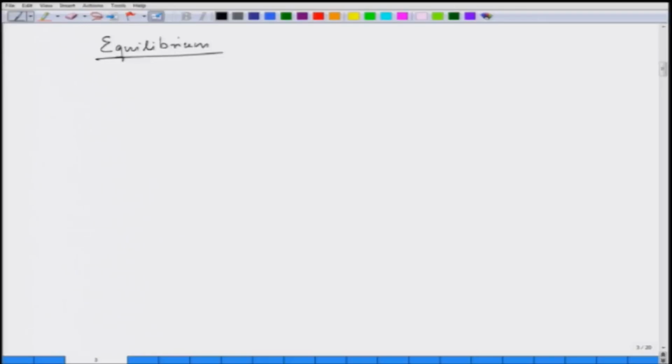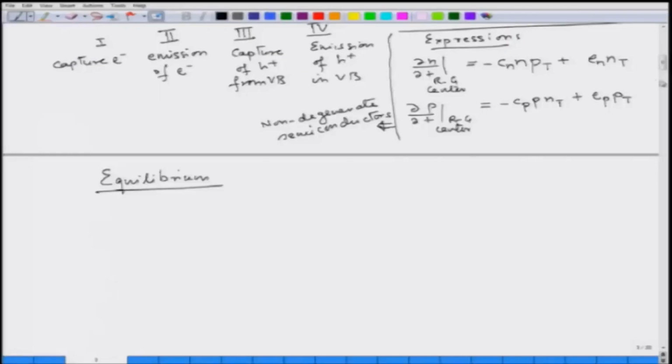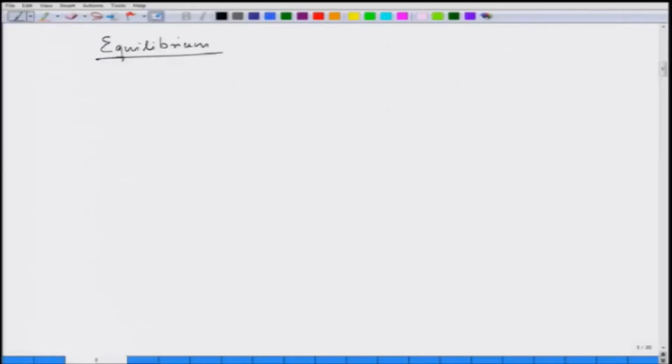Now, in equilibrium, the number of electrons which are being captured is exactly balanced by the number of electrons which are being emitted. Similarly, for the valence band, the number of holes being captured is balanced by the number of holes being emitted to the valence band.